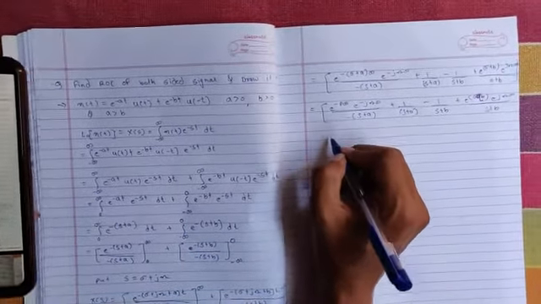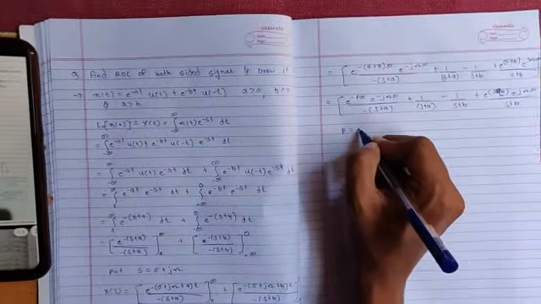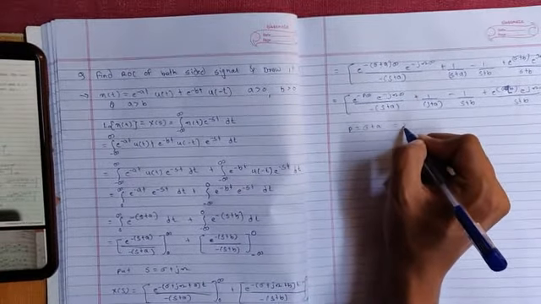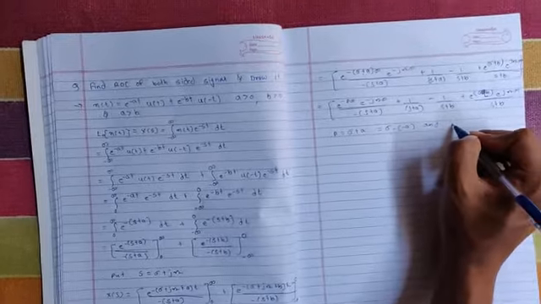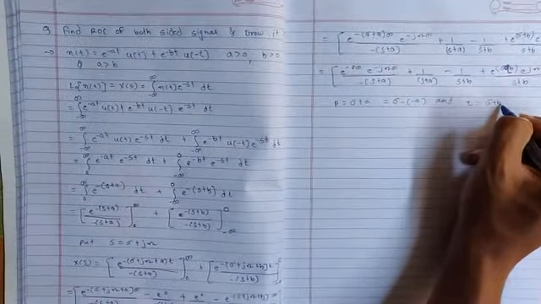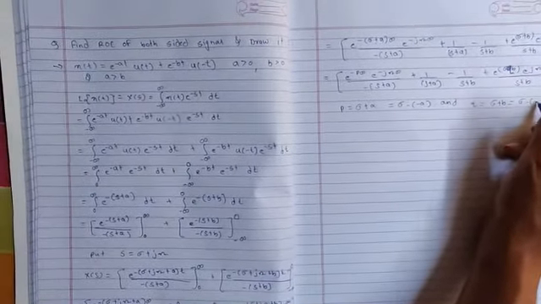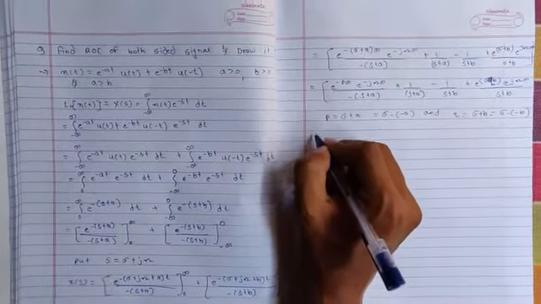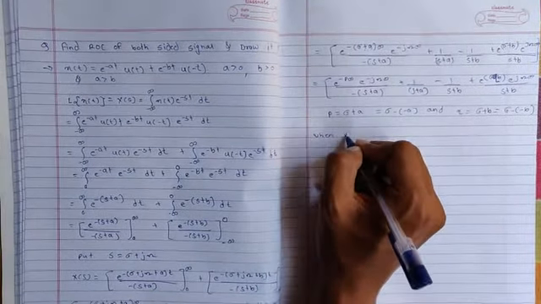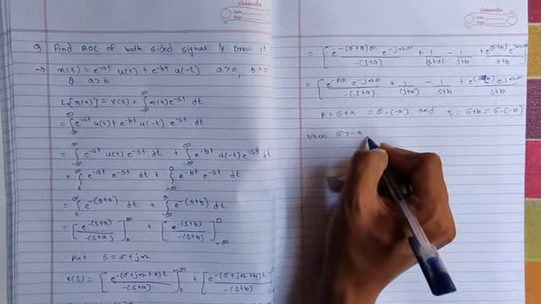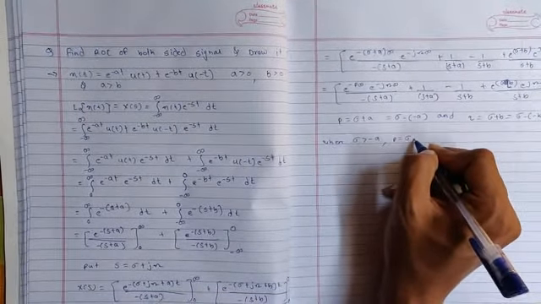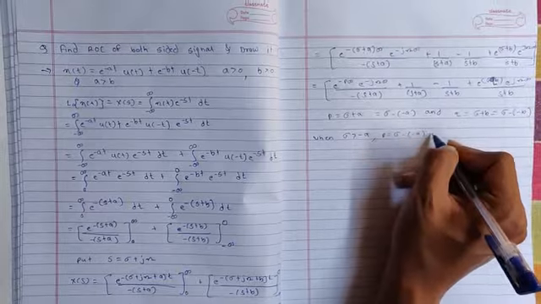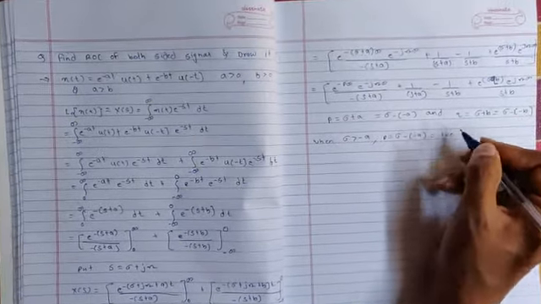Now we know that p is equal to σ+a, which is σ minus of minus a, and q is equal to σ+b, which is σ minus of minus b. When σ is greater than -a, that is p equal to σ minus of minus a, that is positive.